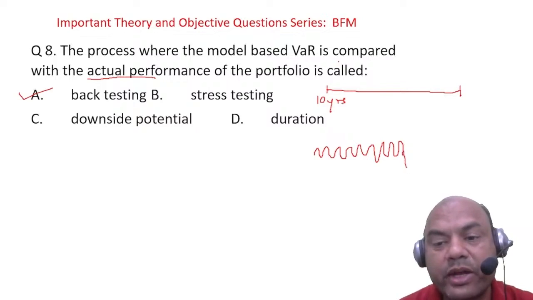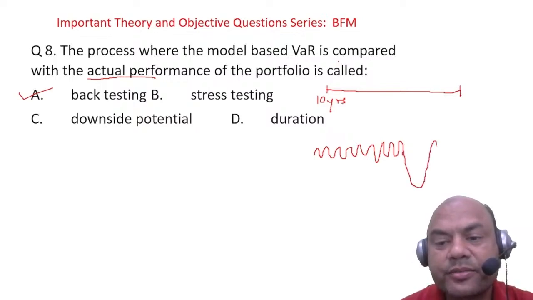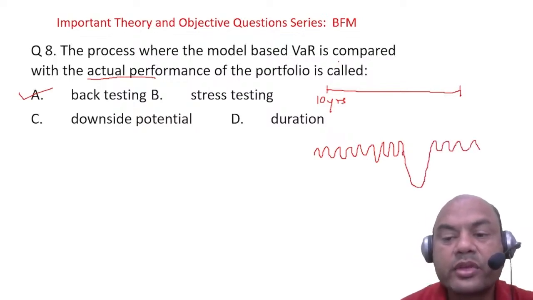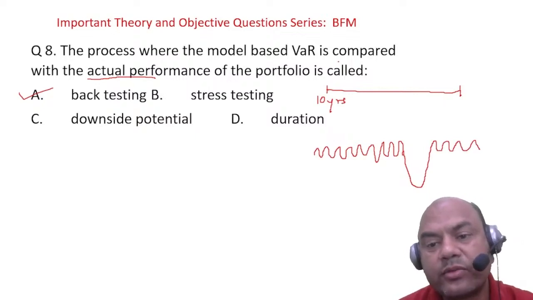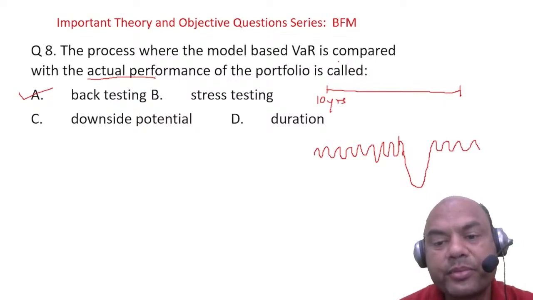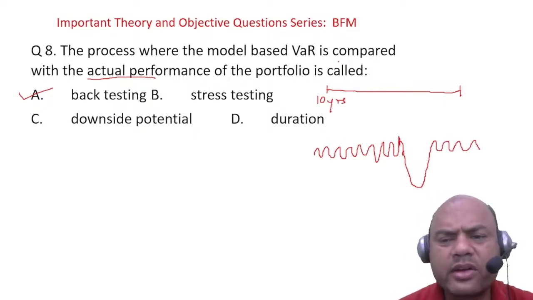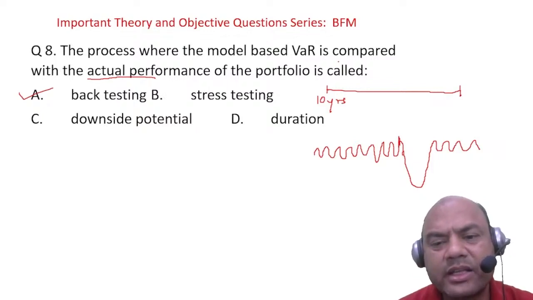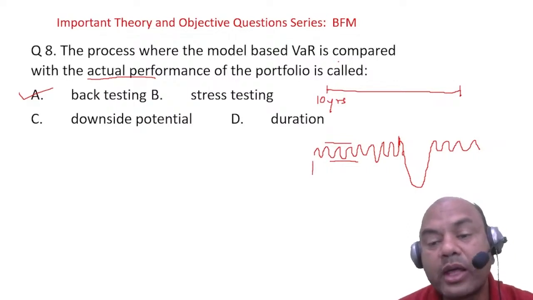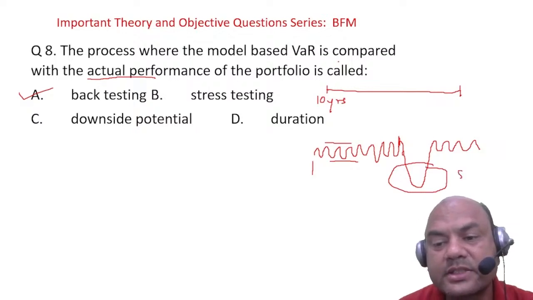The fluctuation went down like this. If I would have been over here, I would have thought nothing can come like this, and I'd consider just this much VAR. So my historical calculations or back testing compared the actual performance over the last 10 years. This is the example of stress testing.